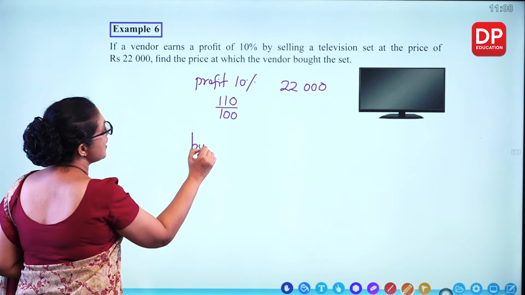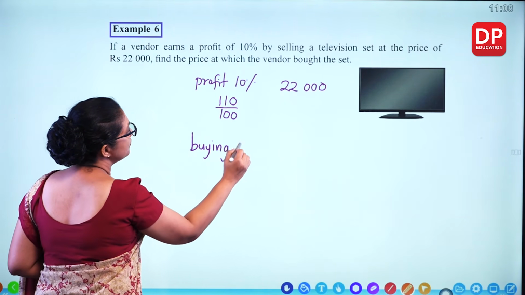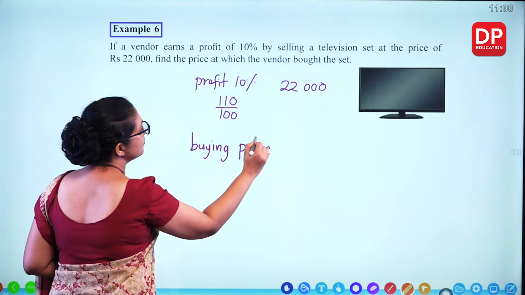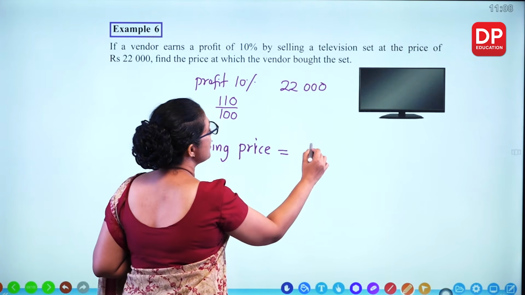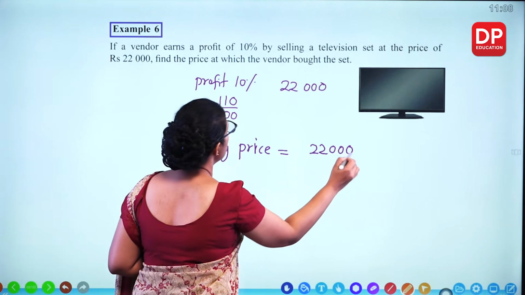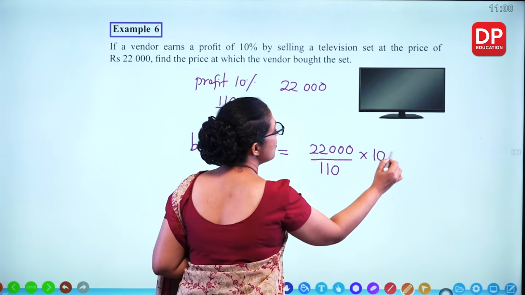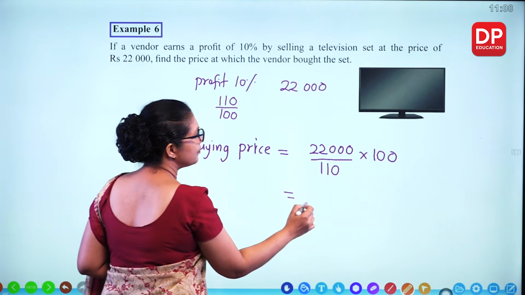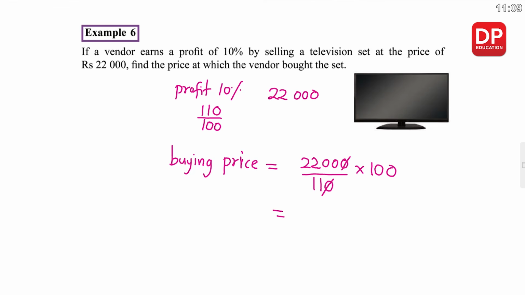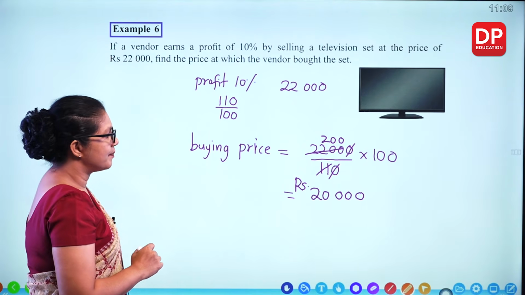So buying price is equal to 22,000 divide by 110 into 100. 1 0 get cancelled out. 11 times 2, so 200 into 100. So it's 20,000 rupees. So that's the buying price.